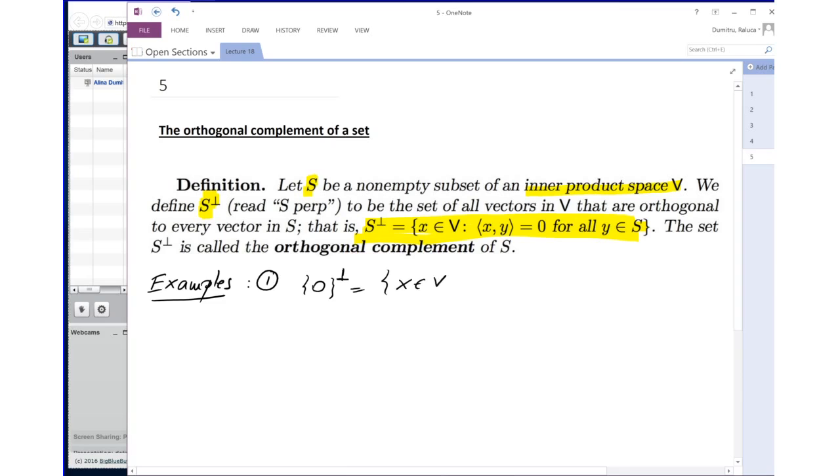X in V, right? Such that the inner product between X and anything in the set should be 0. But anything in the set is just 0, because that's all I have. So all X in V with the property that the inner product between X and 0 equals 0. So which vectors in V have this property? All of them. So the orthogonal complement of the set containing 0 only is the entire space V.